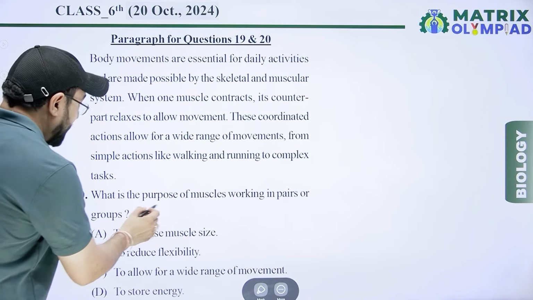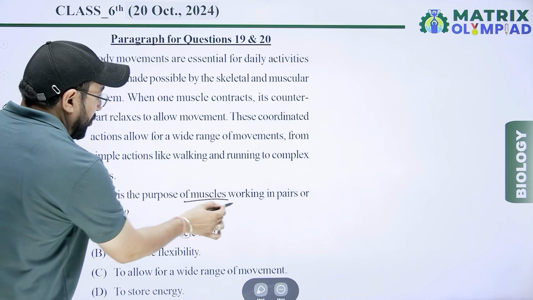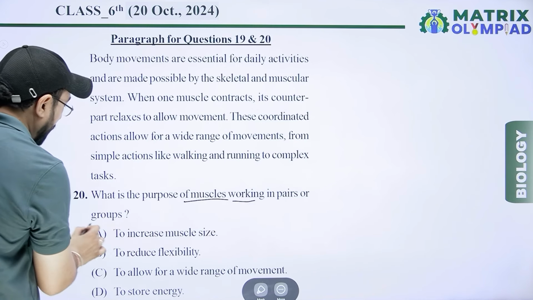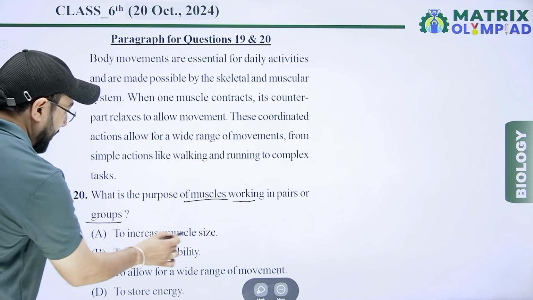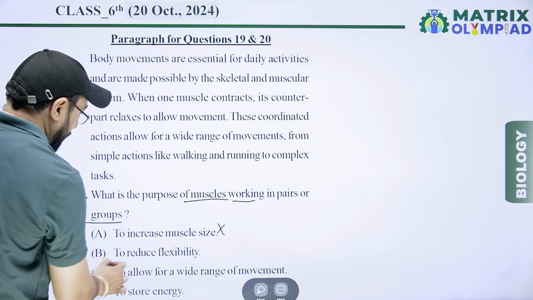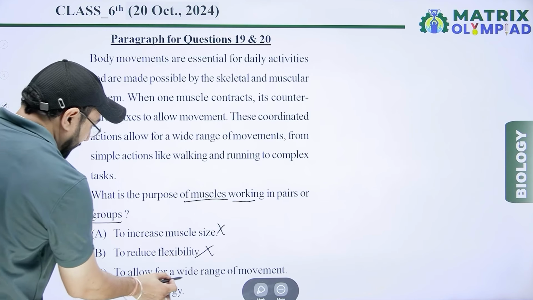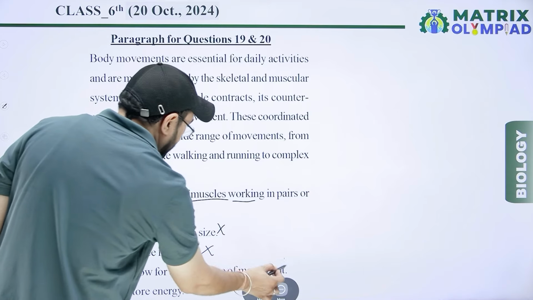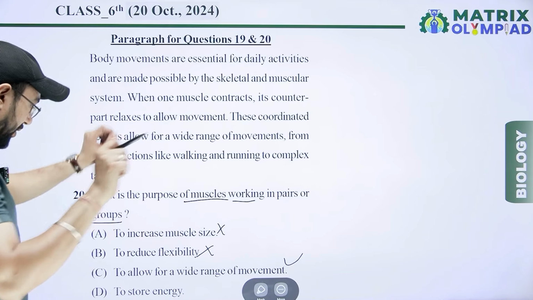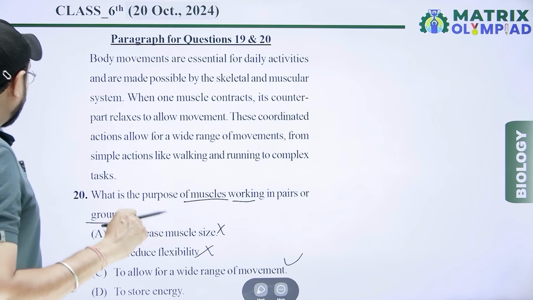Next, what is the purpose of muscles working in pairs or groups? To increase muscle size? No. To reduce flexibility? No. To allow for a wide range of movement? That is right. To store energy?